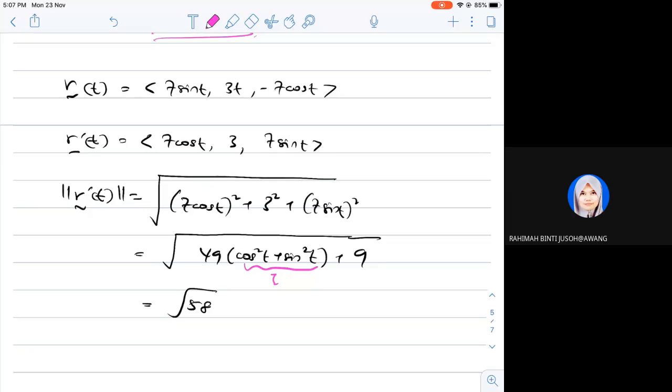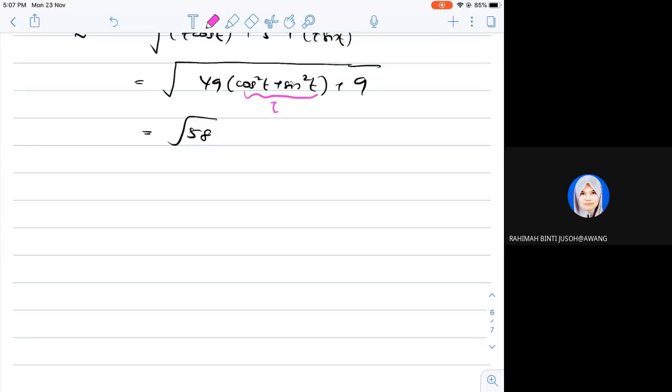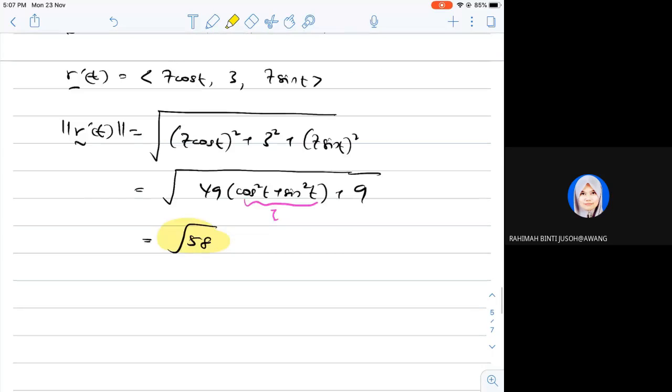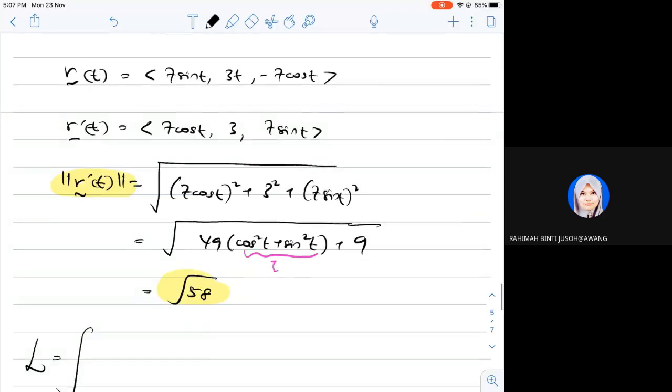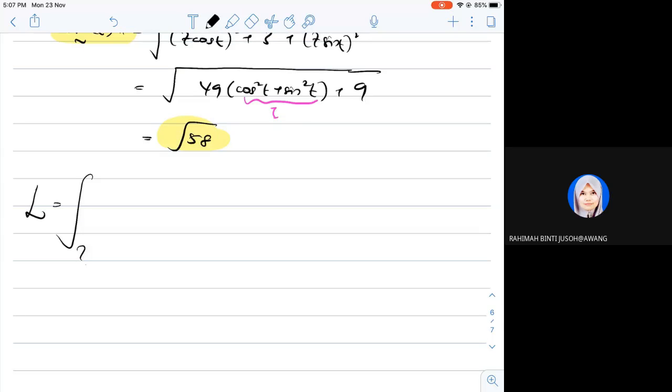So now we just need to integrate these values, because this is our r prime t. Let's integrate, it's easier. So arc length equals the integration from where to where? What are the limits here?